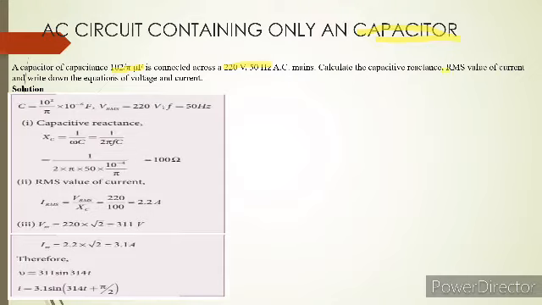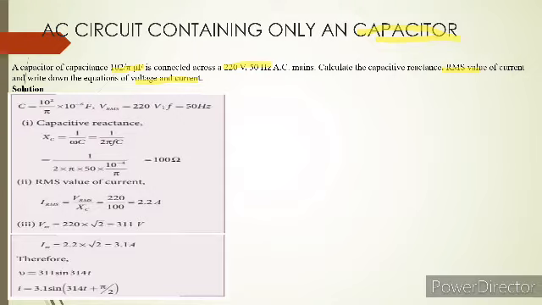Calculate the RMS value of the current and write down the equation of voltage and current. Here they have given us the capacitance, voltage and frequency, but we have to find out the RMS value and also write the equation for voltage and current.